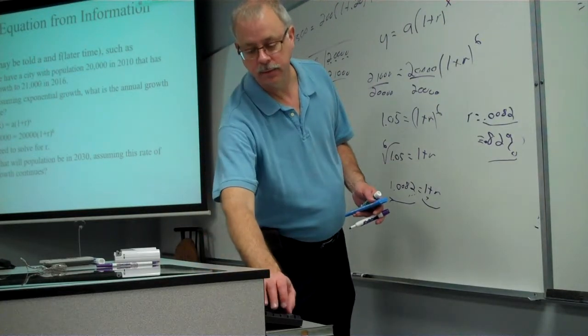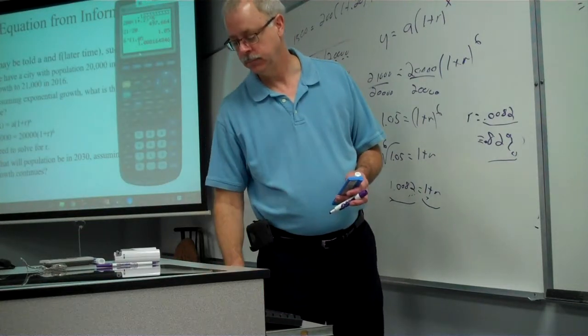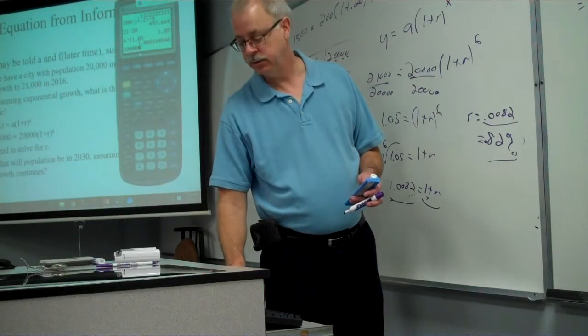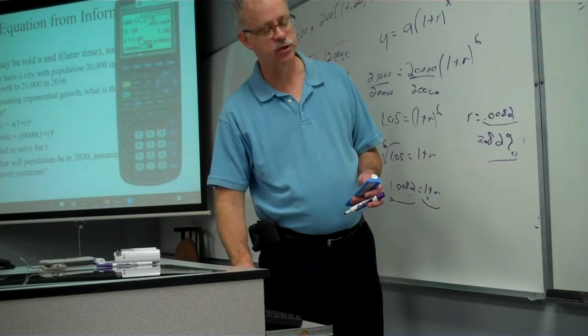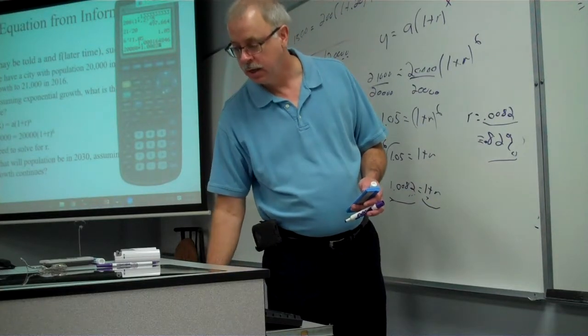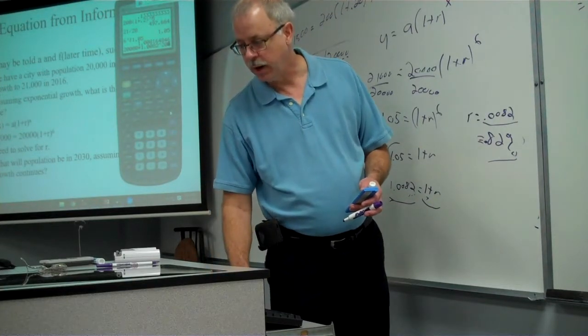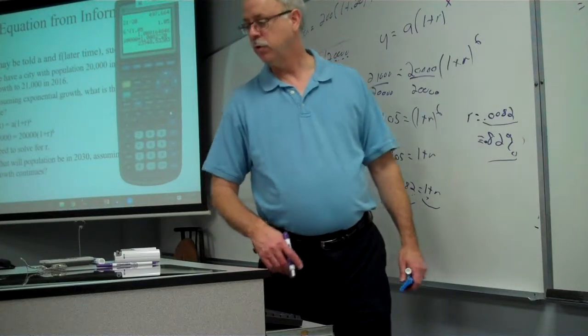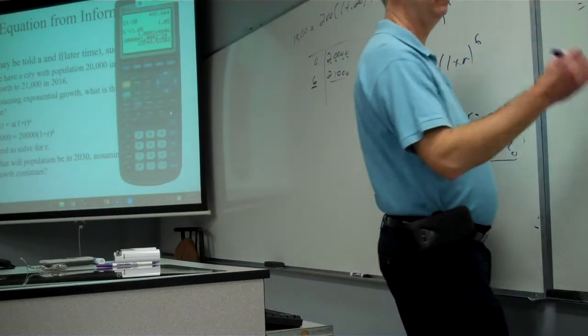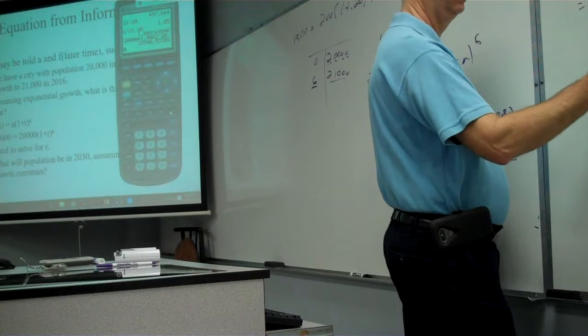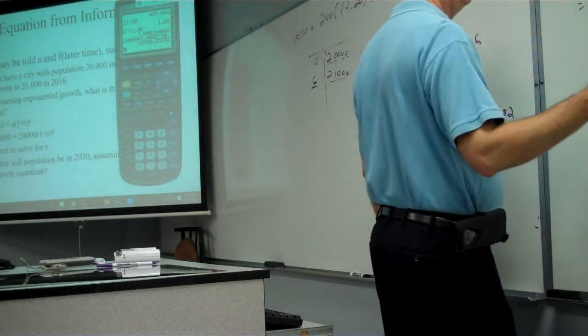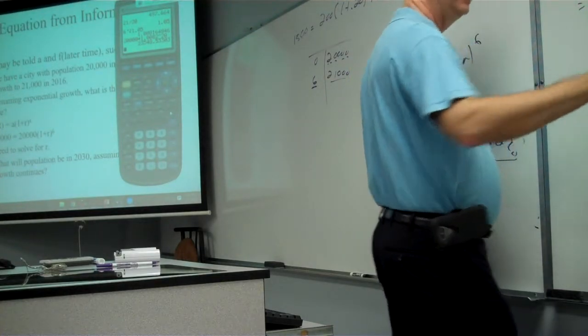And we get then, let's see, 20,000 times 1.0082 to the 20th power. We're up to 23,549 if we round it.